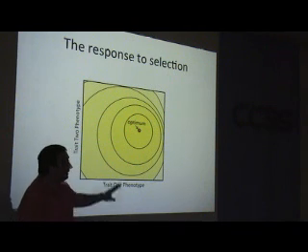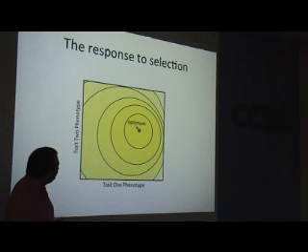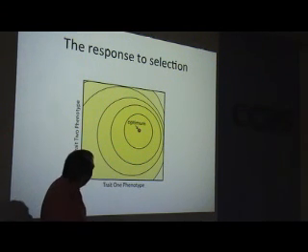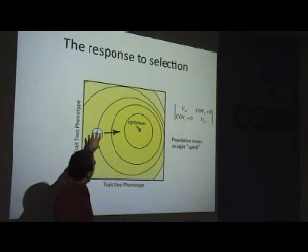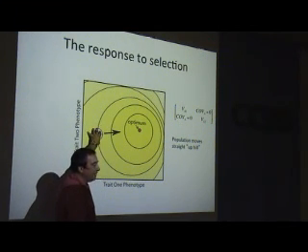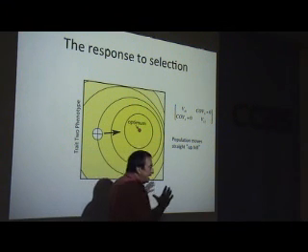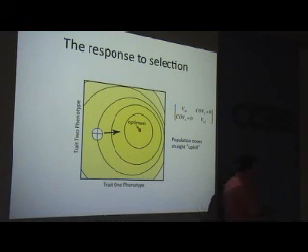So, here's our optimum. And here is our population. And I've drawn our population differently now, because rather than just putting a point, I've put a distribution.